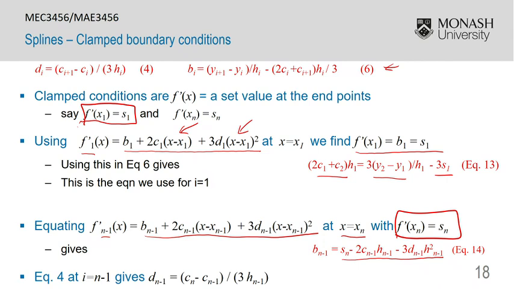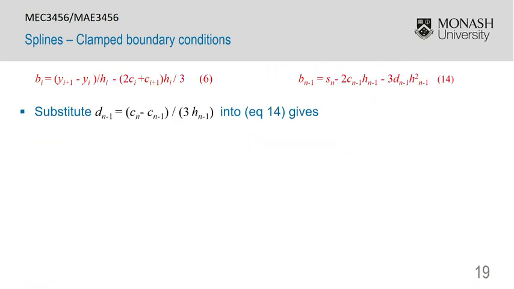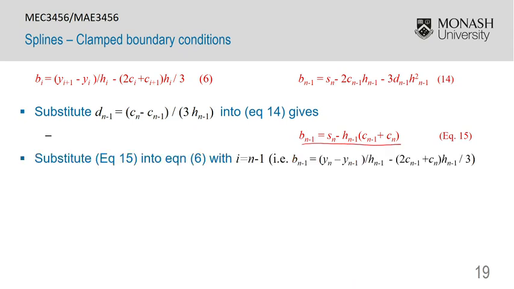So equation 4, the equation that we derived previously, at i equal to n minus 1, gives us that d(n-1) is given by this expression. We can then substitute that into equation 14. After a little bit of algebra, b(n-1) is given by this.